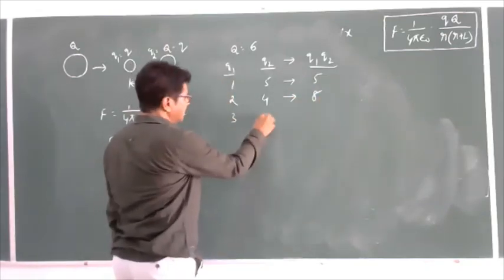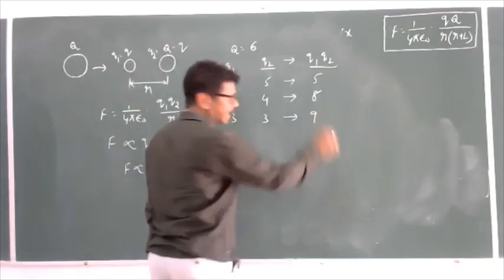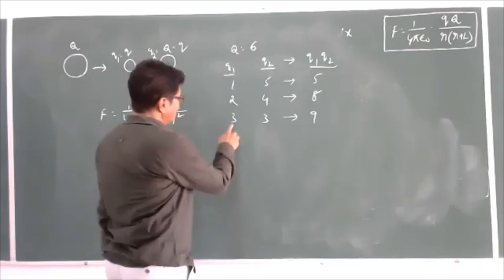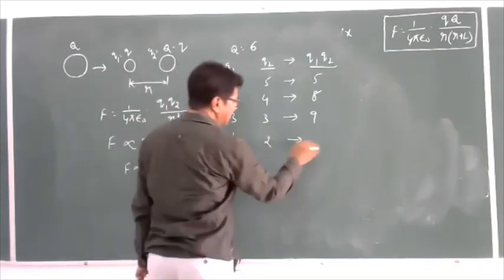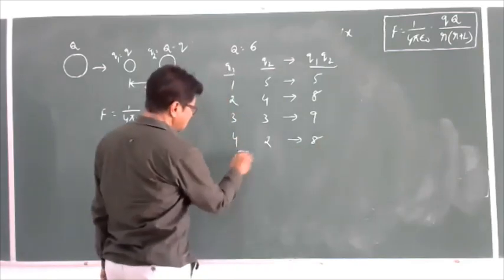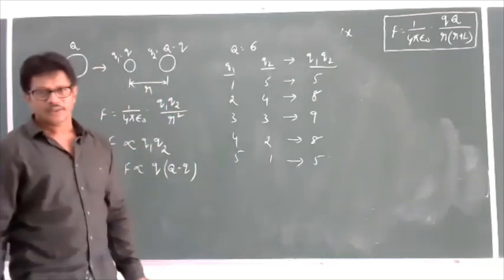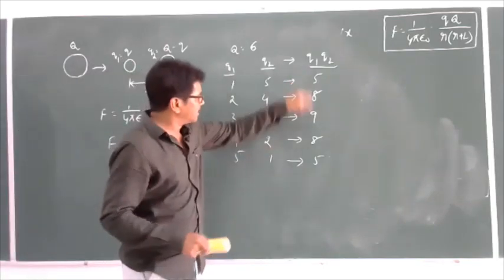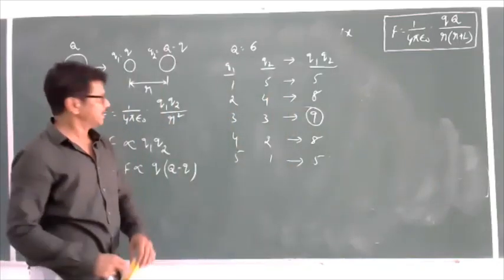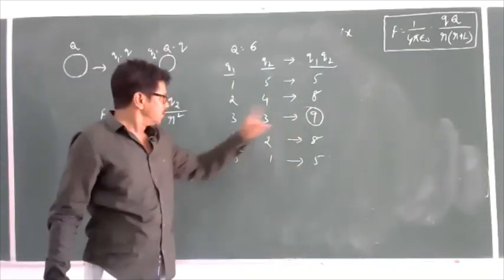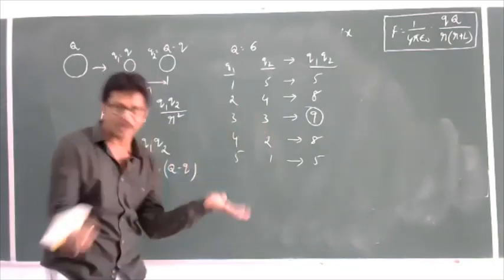If this is 3 and this is also 3, we'll get 9. If this is 4, again this will be 2, same thing, we'll get 8. If this is 5, this will be 1, 5. So here the product is maximum if the charge is divided into two equal parts.